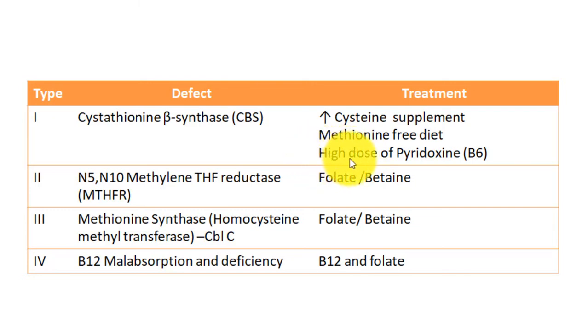So that will treat such patients. Most of the cases are vitamin B6 responsive, very few cases are not. But this cystathionine beta synthase deficiency is vitamin B6 responsive, that is why this vitamin can prevent such conditions. So these are three treatment modalities: avoid methionine, supplement cysteine, and give a high dose of vitamin B6.